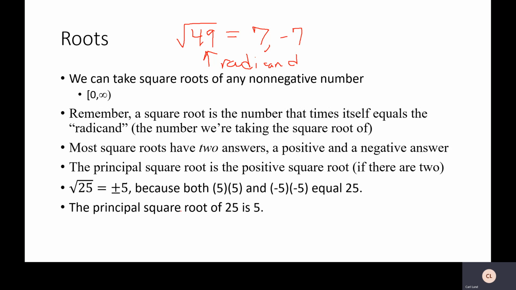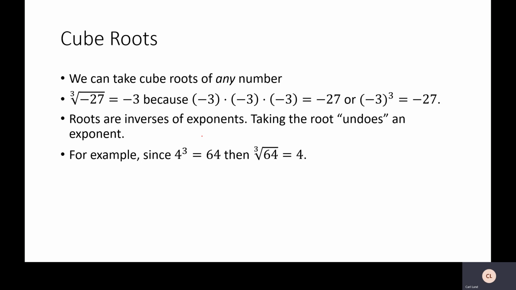On the other hand, if you're in a class where you're dealing with quadratic equations or others, other than strictly linear, and you're doing more things with square roots, there may be times when you're definitely interested in things beyond just the principal square root. Now, unlike square roots where the number can only be non-negative, we can take cube roots of any number. So the cube root, for example, of -27.